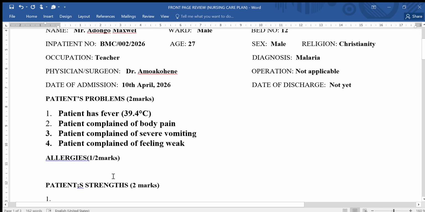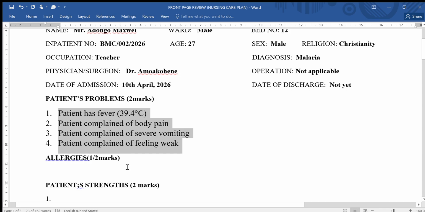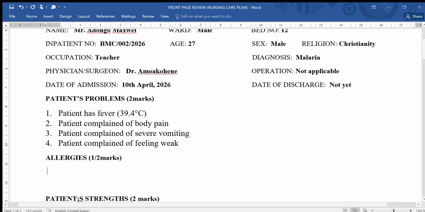Okay, so having stated the problem, you now come and state what we call allergies. See, when the patient is allergic to anything, you have to state it here. Patient could be allergic to drug, some chemicals, dust, and what have you.